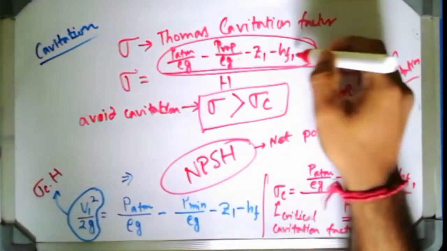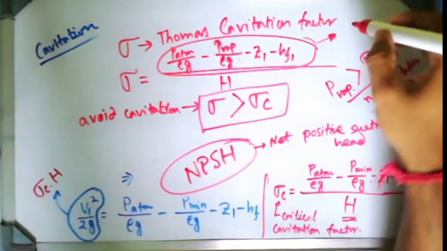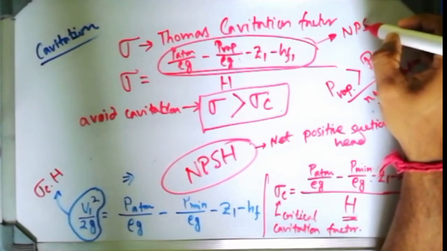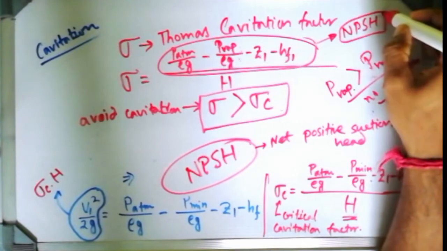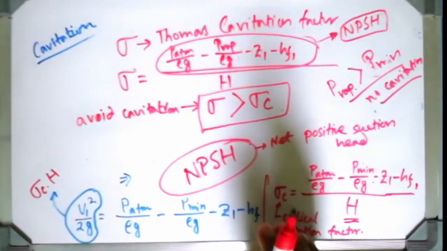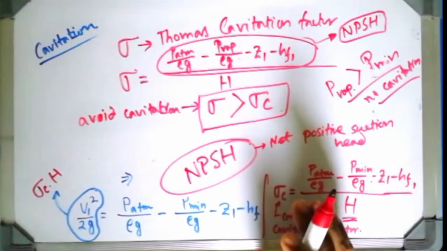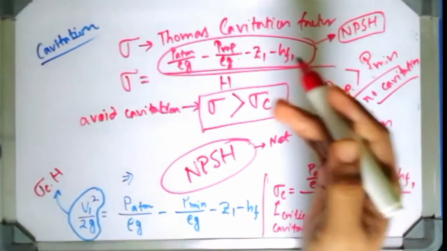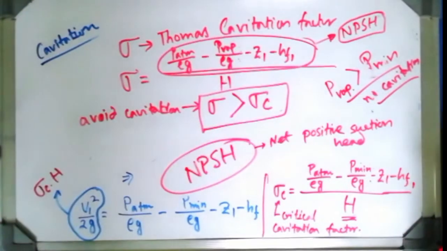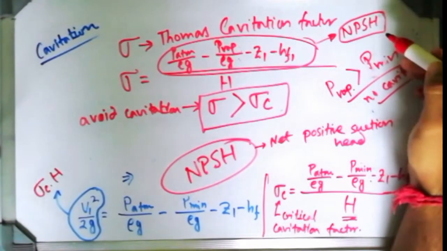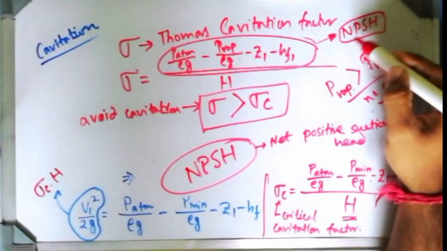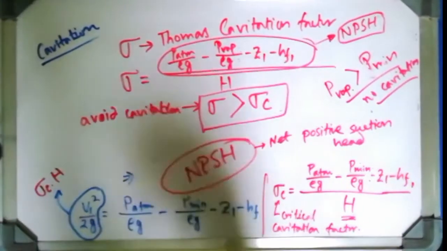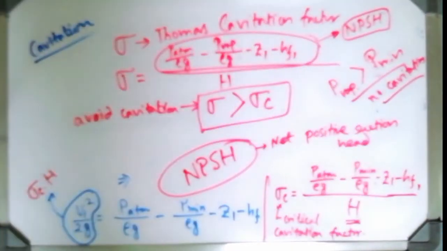So this whole numerator term is also named NPSH, net positive suction head. Why is it so? Because the atmospheric pressure is more than the vapor pressure of the liquid. That is why it is known as net positive suction head. It is giving you a positive value. That is the reason.